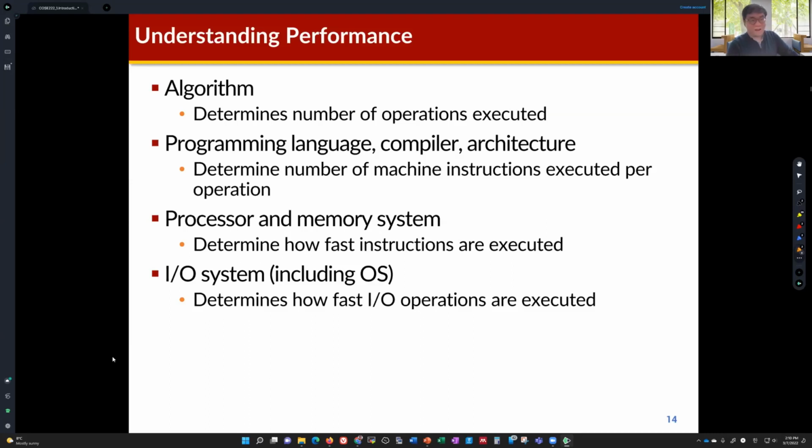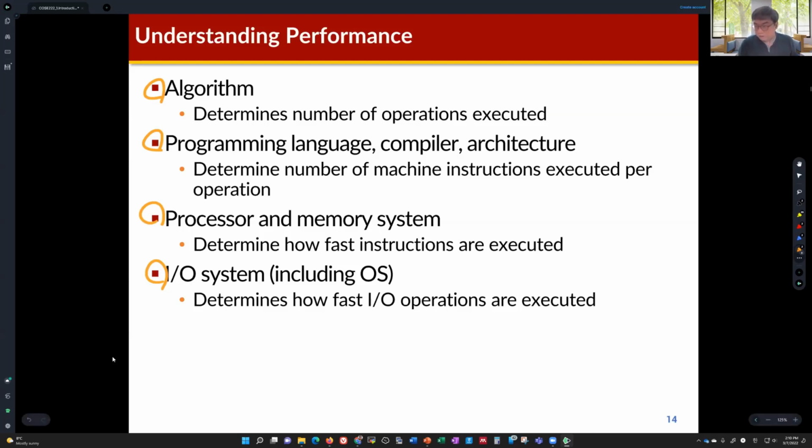We just pay more money. Then what is different under the application of the smartphone? So actually, these factors decide the performance of our applications.